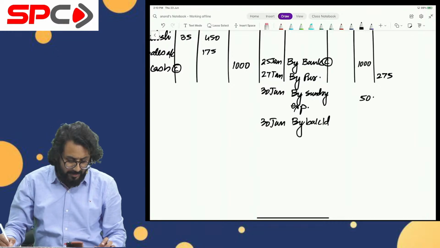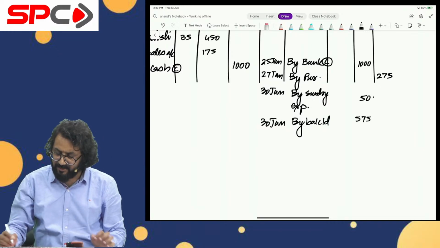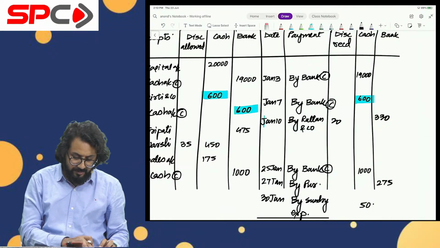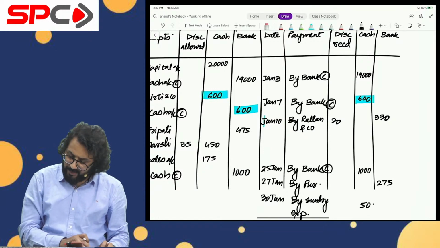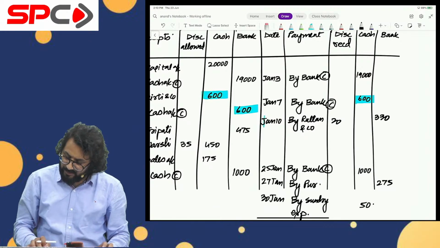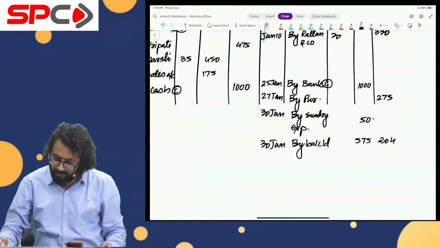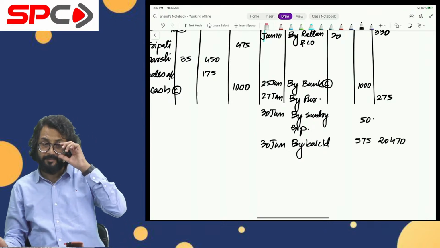When you write down the closing balance, you use the word C/D, closing balance: 19,000, 600, 475 plus 1,000 minus 330 minus 275 minus nothing, 20,470. Do you all agree?